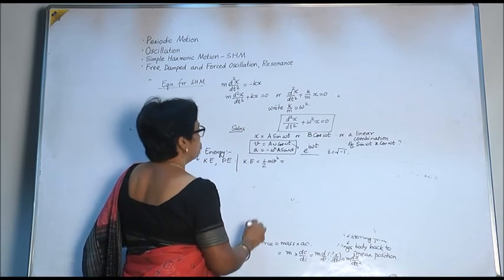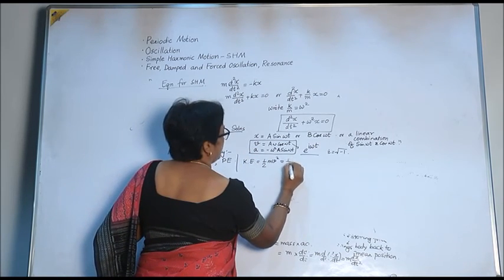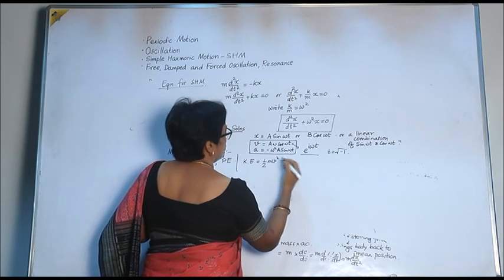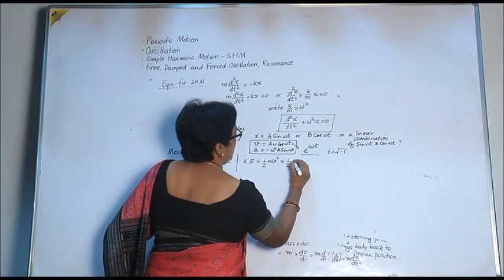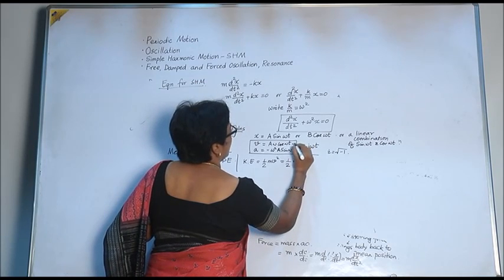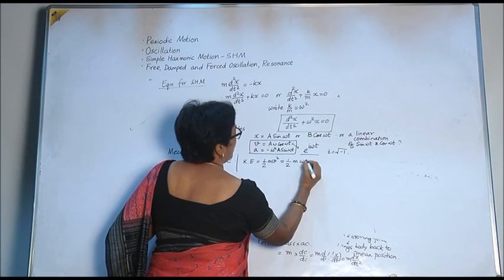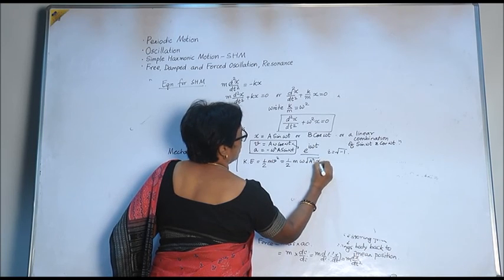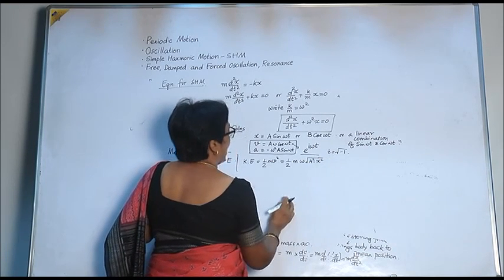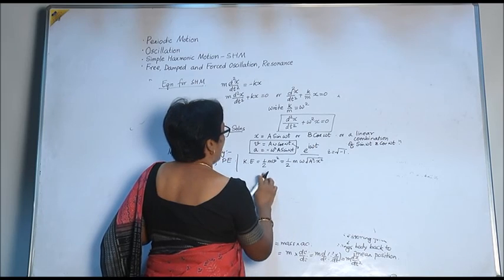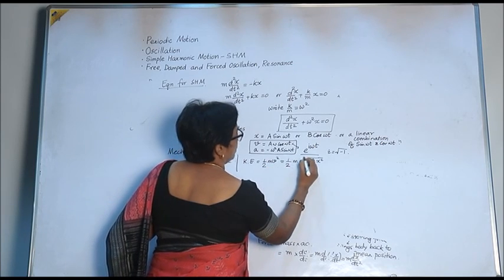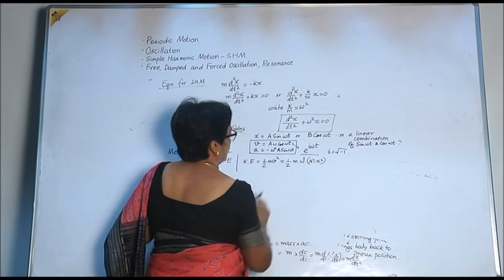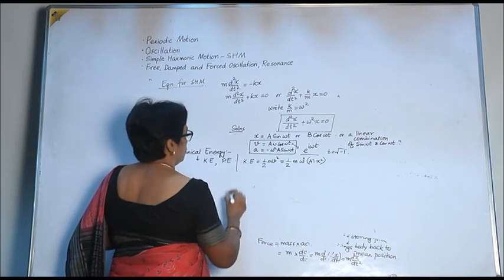So, half m v square will be equal to half m omega square into (a square minus x square), using the velocity value I wrote beforehand, v equals omega root over a square minus x square. This is kinetic energy.